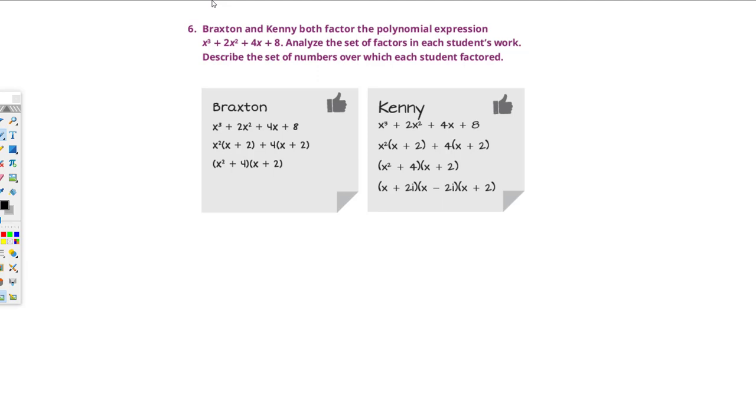Are they on the real system, or the imaginary system, or the complex system? Do either of them have i's involved with it, in other words? Yeah, Kenny does. So he factored his on the complex system, and Braxton did the real.